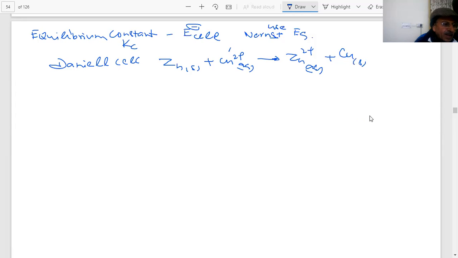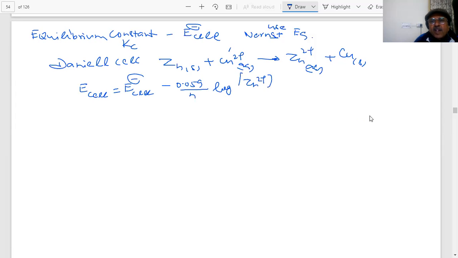This is the Daniell cell. And what is the Nernst equation? E cell will be equal to E naught cell, the standard electrode potential value, minus 0.059 by n, log of concentration of Zn divided by concentration of copper ions.